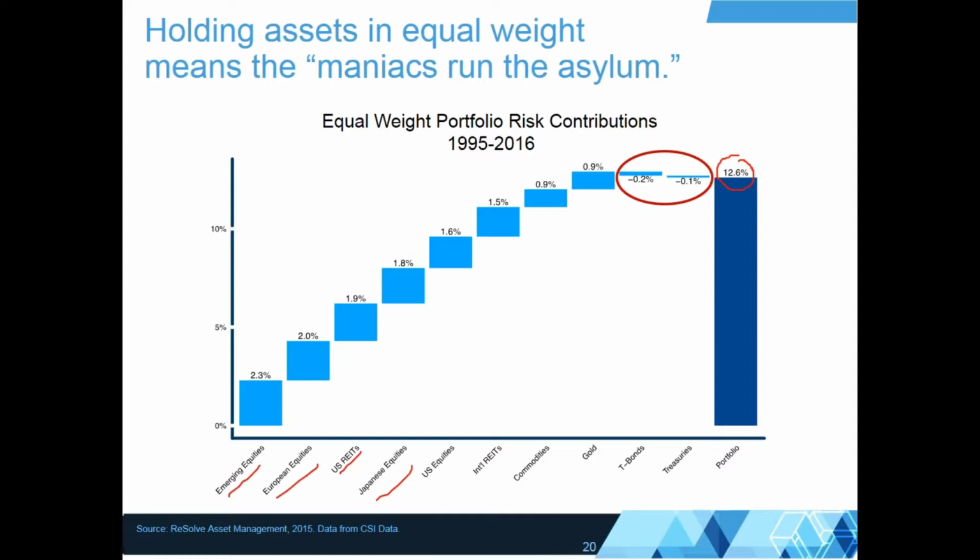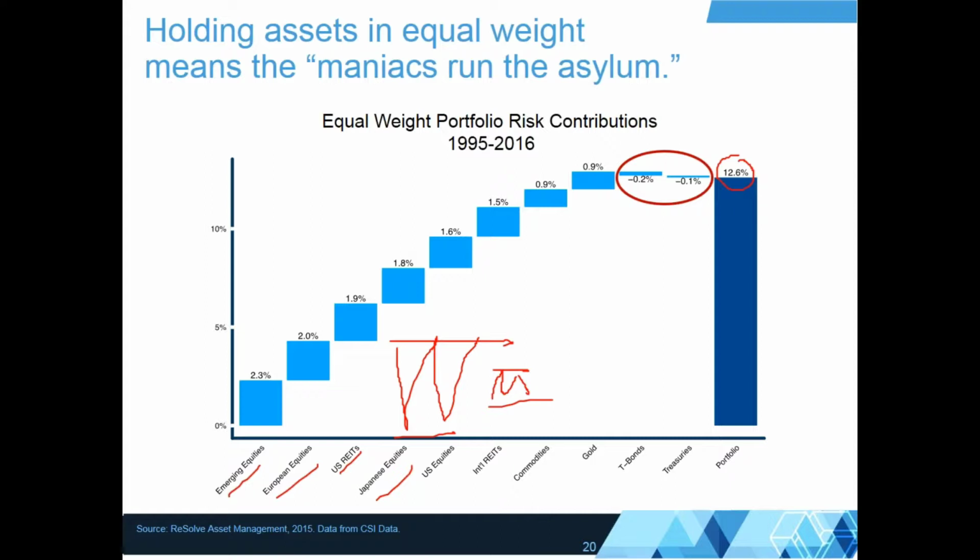So what I mean by risk contribution is that in this portfolio we're letting the maniacs take over the asylum. Emerging markets have a volatility that goes up and down this way. And if we measure the impact of volatility of bonds, they may be going the opposite way, but their impact isn't that much, right?